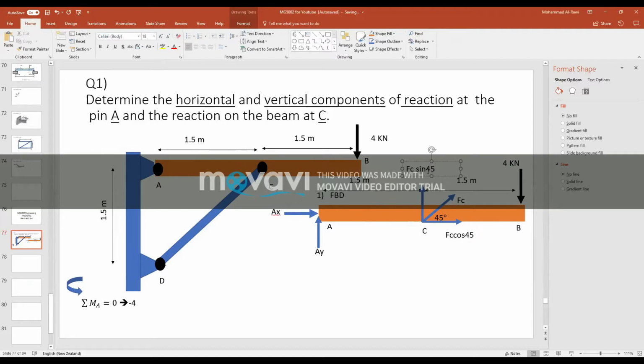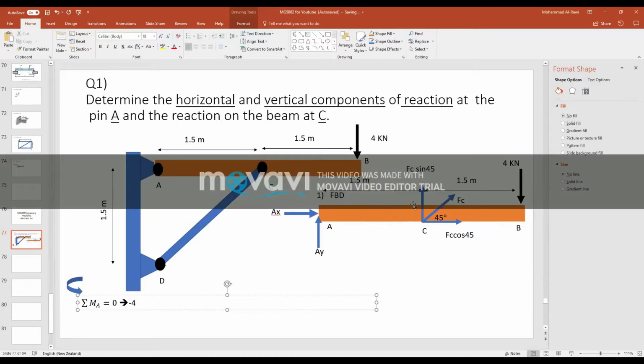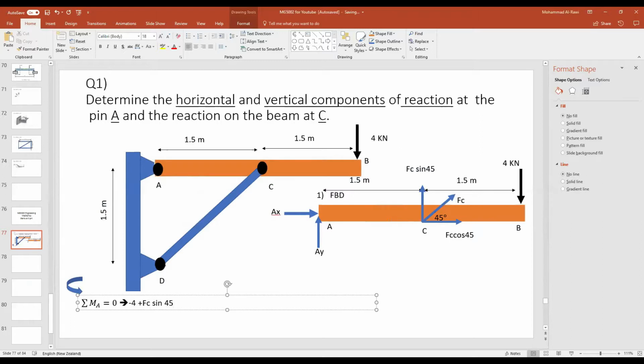This only works with 45 degrees because they are equal, the angle is divided in half. Therefore they have the same value, but don't do it with other angles because it will give you a wrong answer. So that's FC sine 45. If you look carefully, it will rotate counterclockwise. Therefore, it will be plus FC sine 45 degrees equals what? To 0.